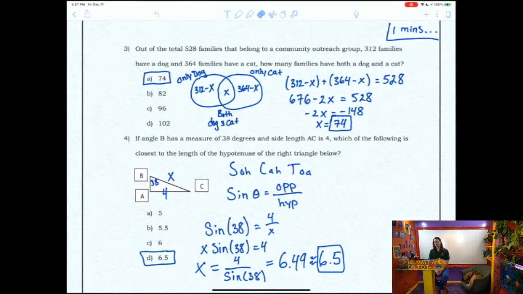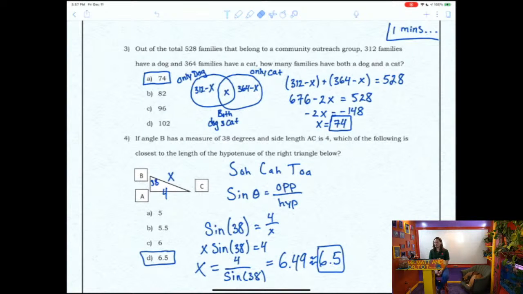The hypotenuse is always the hypotenuse because it's always going to be the side length opposite the 90-degree angle measure. So that won't change, but the opposite and the adjacent side lengths will change depending on what angle you come from. So from B, we have the opposite and we're looking for the hypotenuse, so that's the sine function.